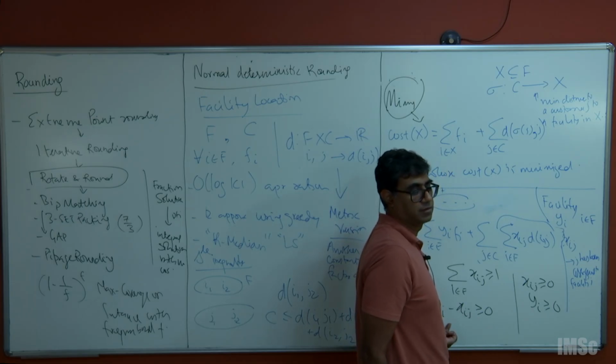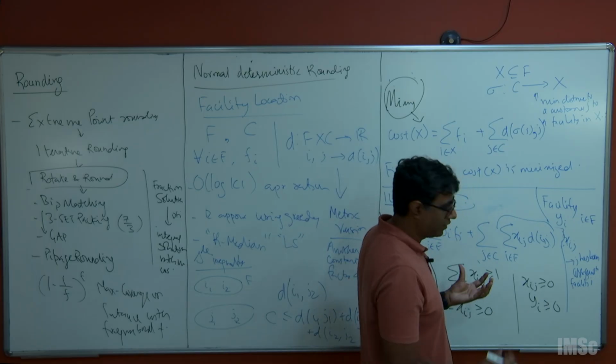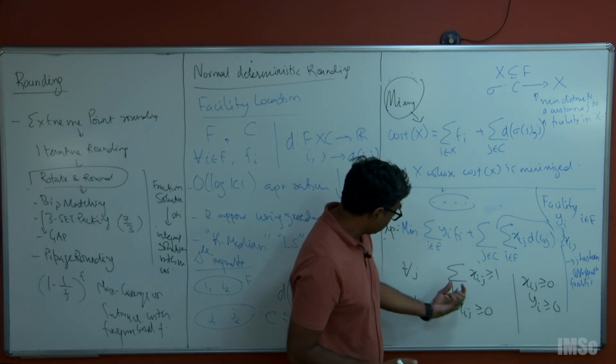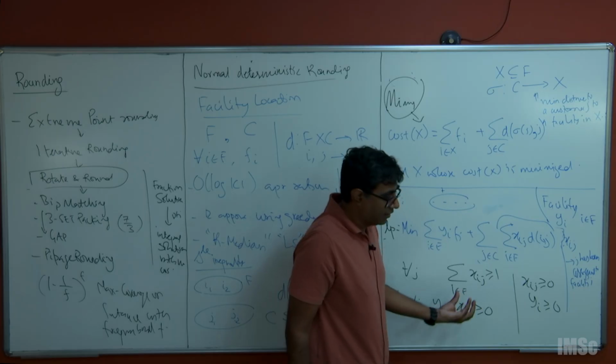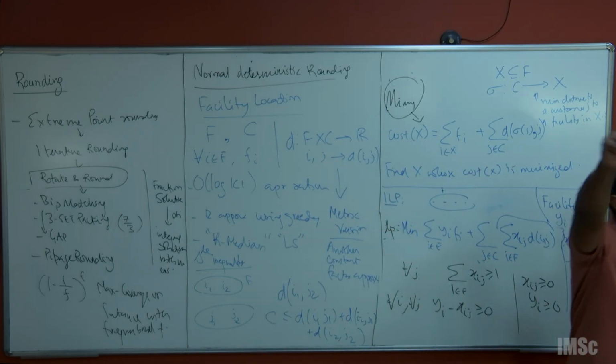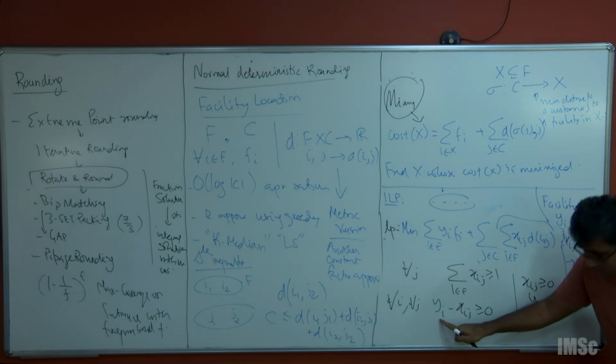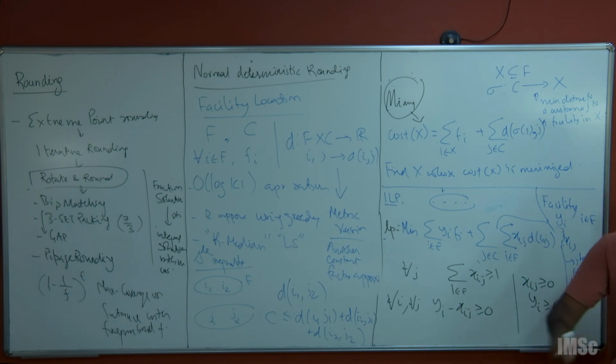So think of this as a partial assignment: a client can be 30% assigned to facility 1 and 50% assigned to facility 2. But if you have been assigned 30%, 50% and 80%, then those facilities should also be opened by the corresponding amounts.